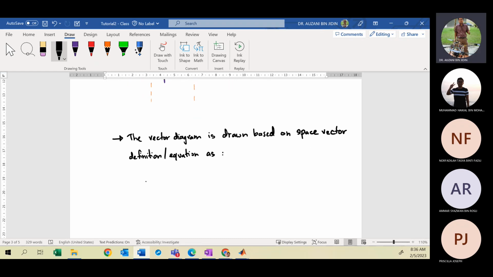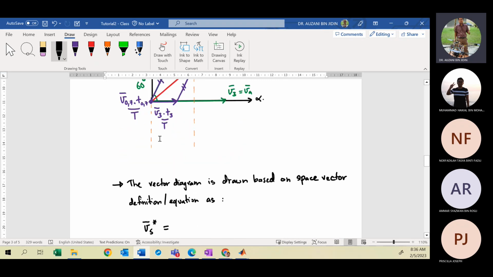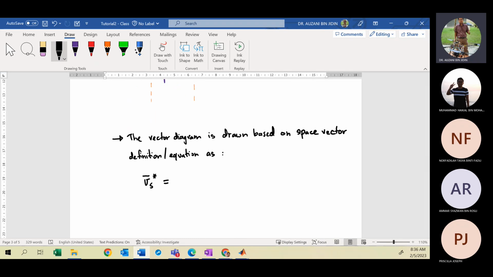So we have the space vector Vs, right? The resultant vector, you want to sketch this vector in red color here. It is the summing of all these component vectors.